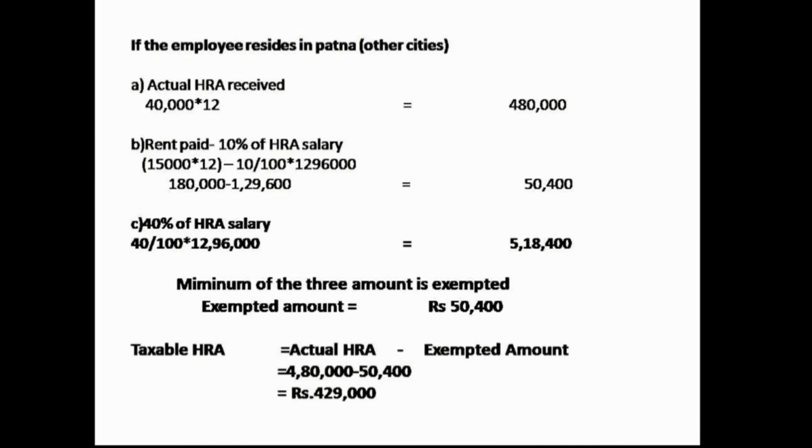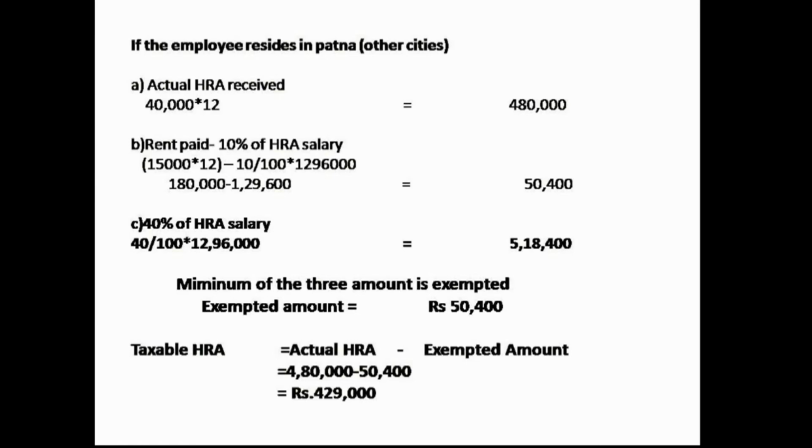Rule number 1, the same rule, actual HRA received 40,000 into 12, 4,80,000. Rule number 2 also the same, rent paid minus 10% of HRA salary, the same amount, 50,400. Only rule number 3 we have to follow differently. There we apply 50%, here 40% of HRA salary.